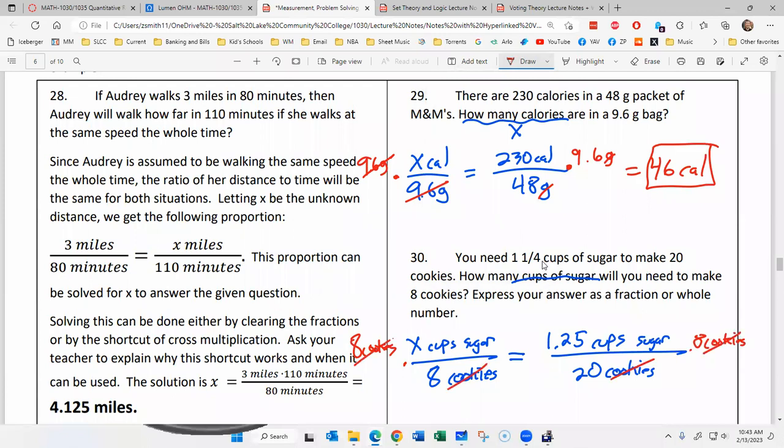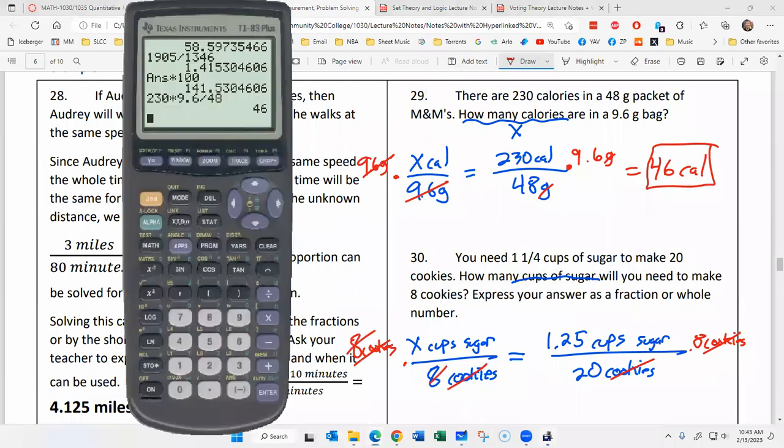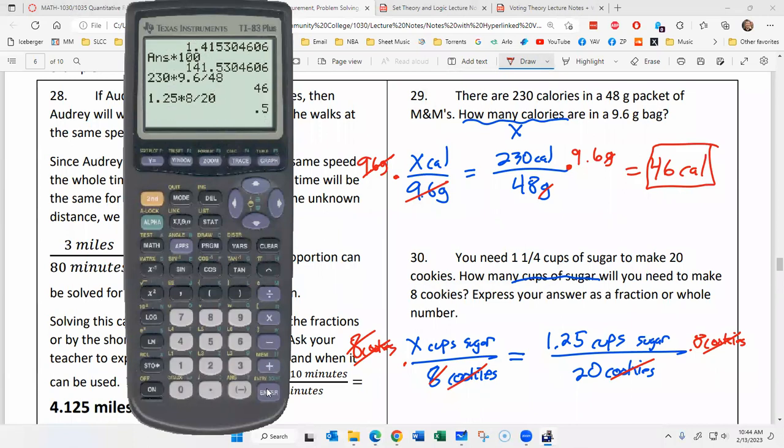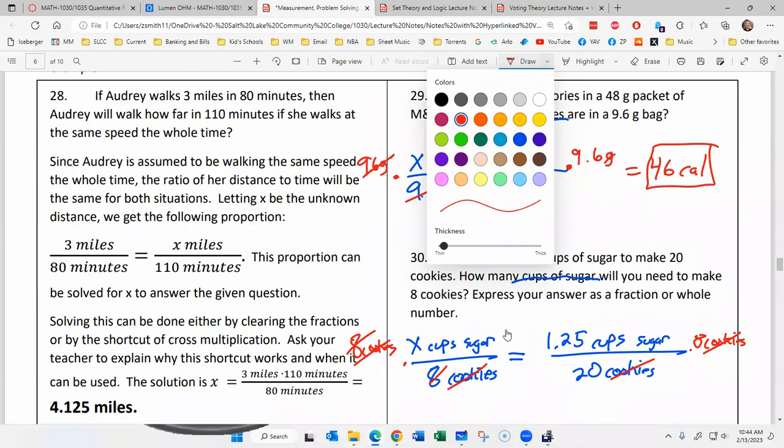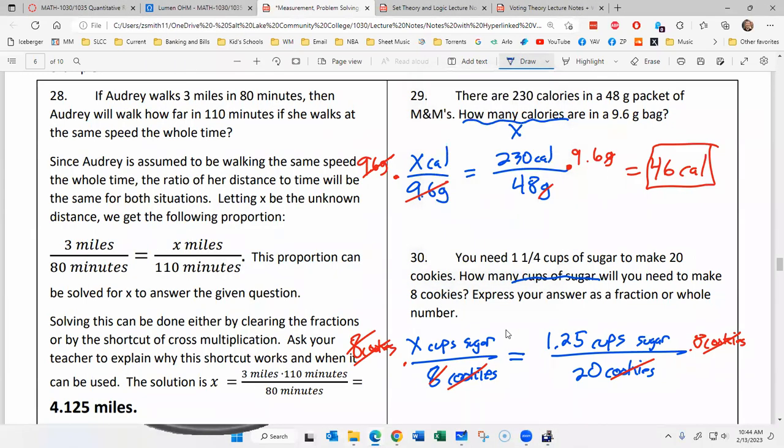Cookies reduce, the 8 reduces. Just calculate 1.25 times 8 divided by 20. We need 0.5, which I don't know if you know offhand, but that's 1/2. We want to express as a fraction or a whole number. We got a fraction. We need 1/2 cup of sugar.